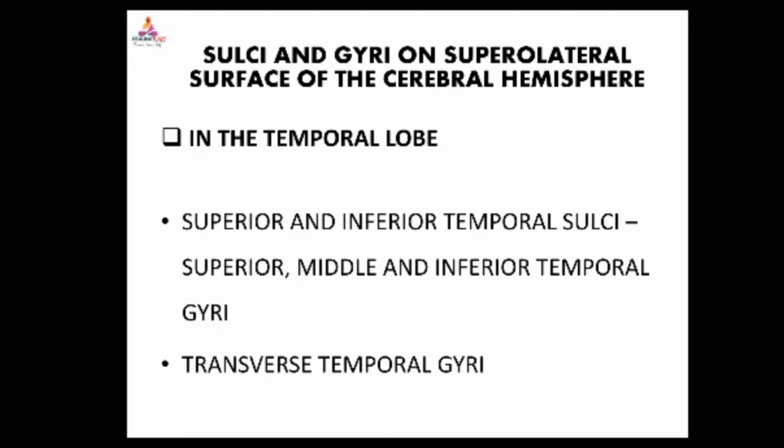The superior surface of the superior temporal gyrus presents two transverse temporal gyri. The anterior transverse temporal gyrus, also called Heschl's gyrus, forms the primary auditory area of the cortex.